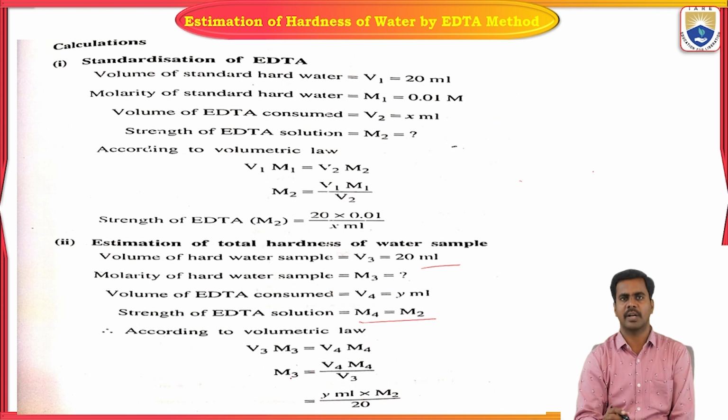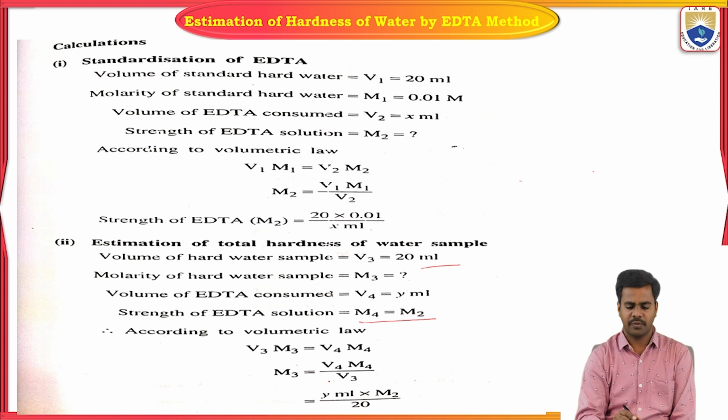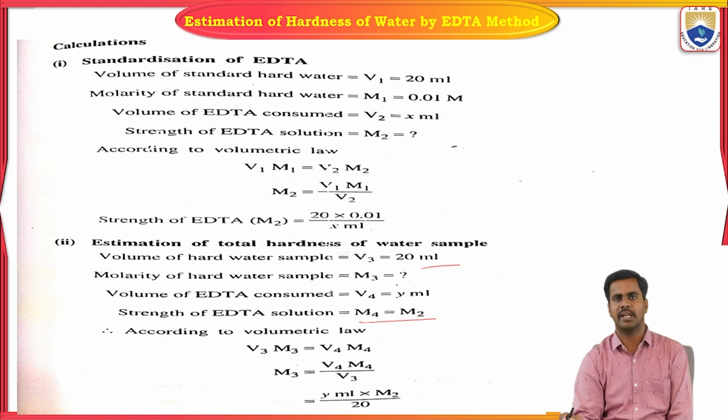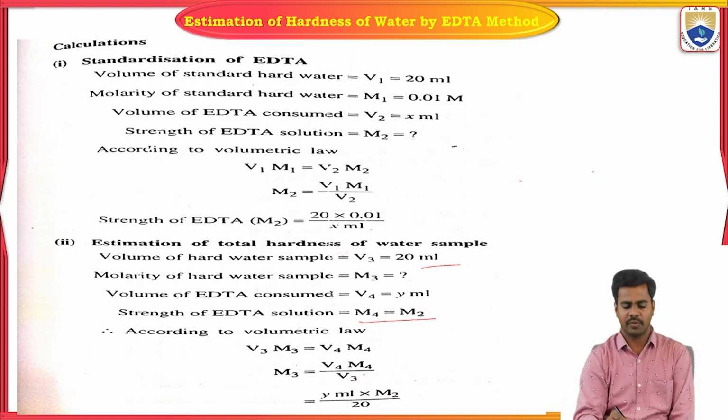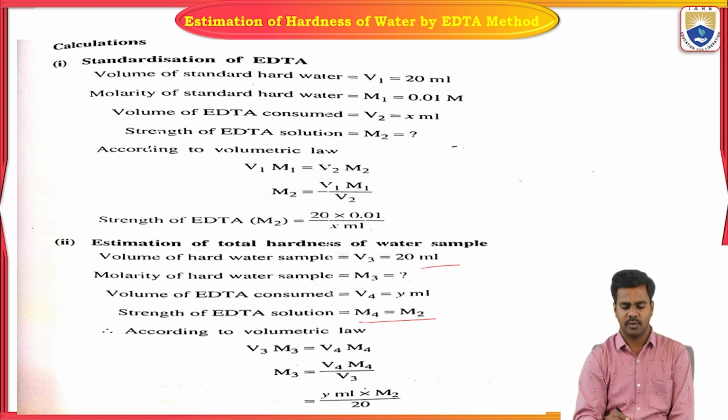So by using the formula V3 M3 is equal to V4 M4, M3 is equal to V4 M4 by V3. So V4 is the burette reading in ml into M4. Here M4 is nothing but M2, that is the concentration of EDTA. We have to substitute here. V3 is 20 ml.